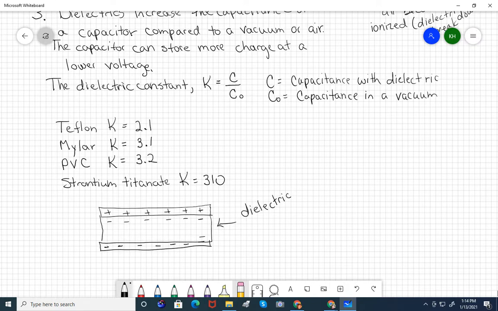It's not going to be like a conductor where you have mass migration. I'm not going to put quite so many, let's just erase some of these. You're going to get some negative charge, and on this side, you're going to get some positive charge.